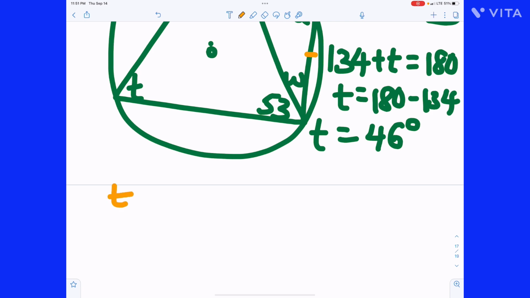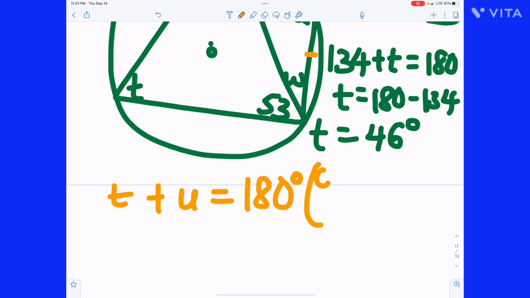But first of all, let's find U. T plus U is 180. They are opposite angles of a cyclic quadrilateral.